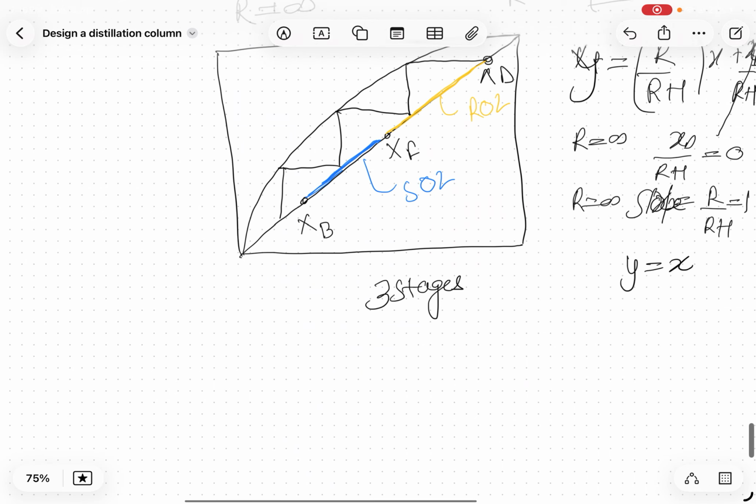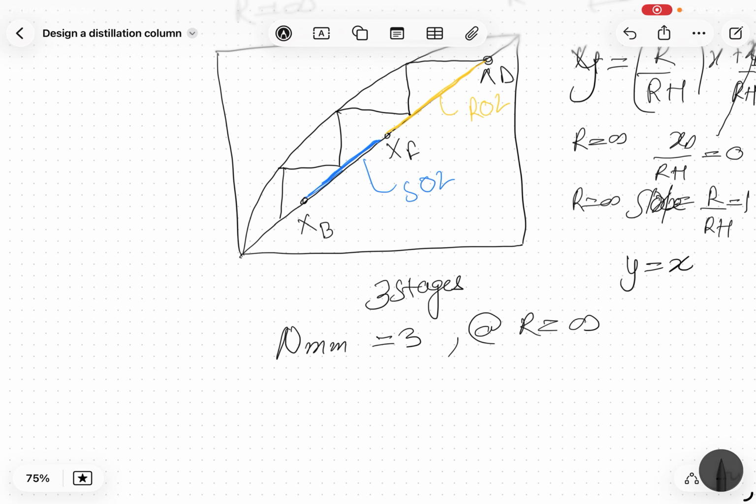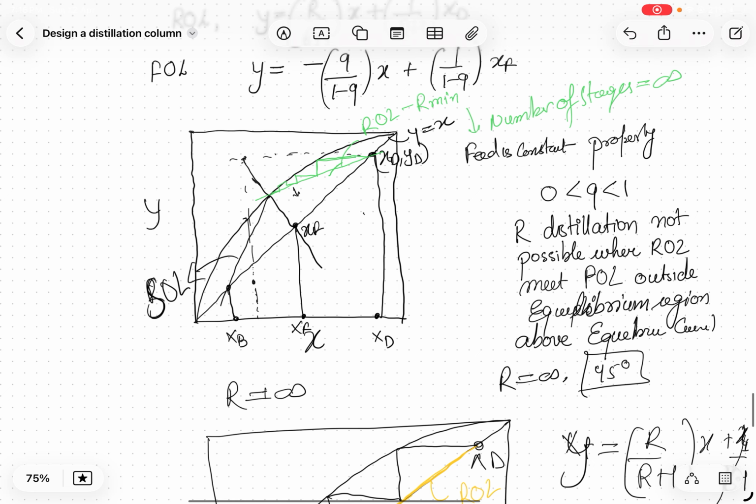So till now we have figured out that the minimum is 3 at R infinity. So the minimum number of stages occurs at R infinity. Now for R minimum, suppose with some graph given to me, the intersection of ROL and FOL lies on the equilibrium curve.